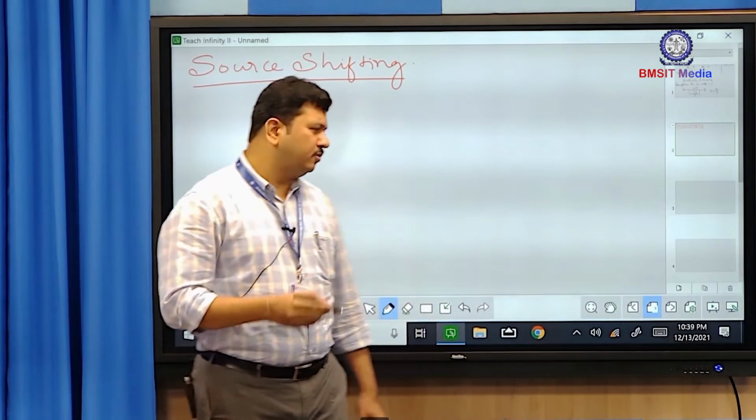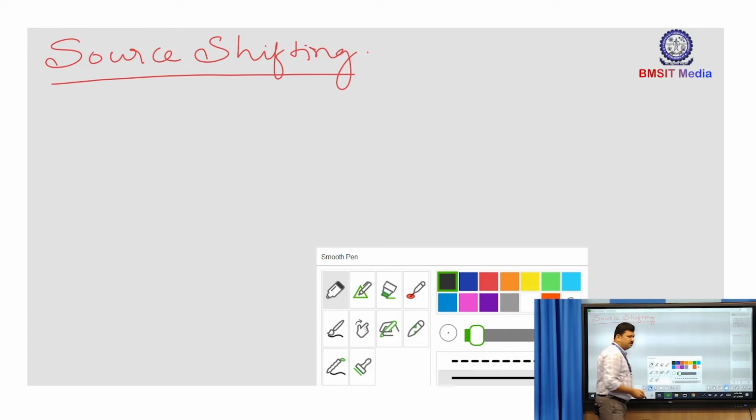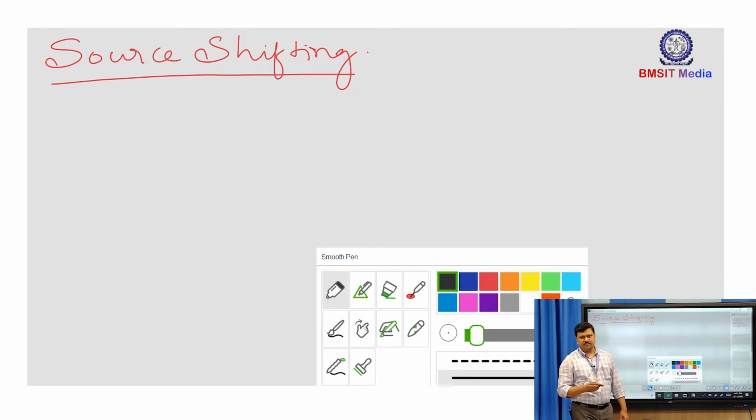Now suppose I want to reduce the entire network into a simple single equivalent circuit consisting of a single source, and I cannot directly transform the voltage source to current source or current source to voltage source, where my source transformation stops. So for example, I would like to give a simple circuit.